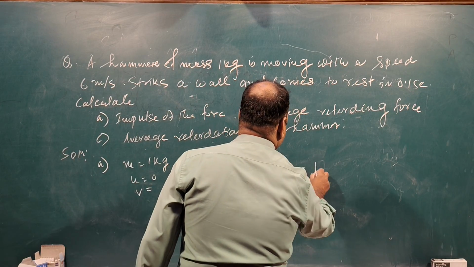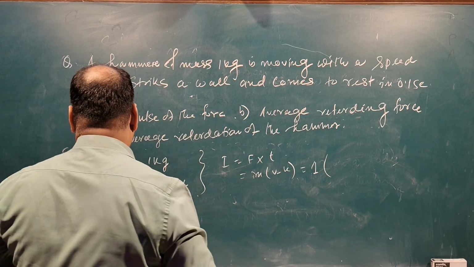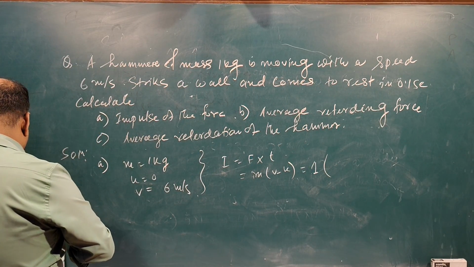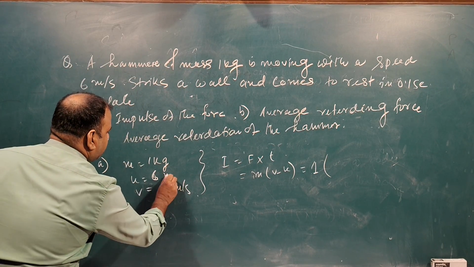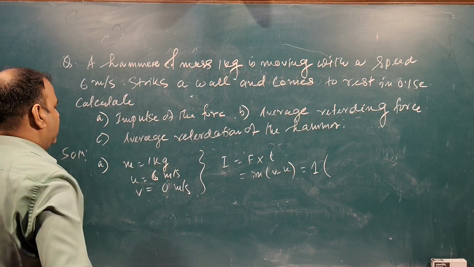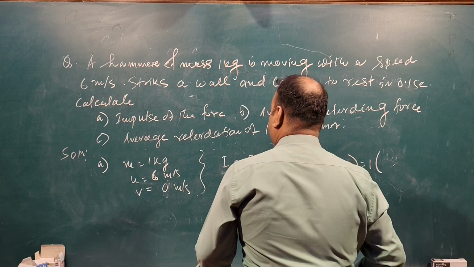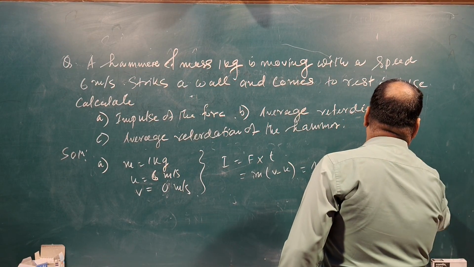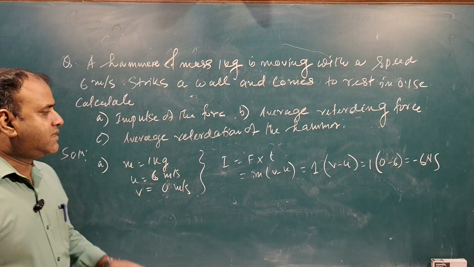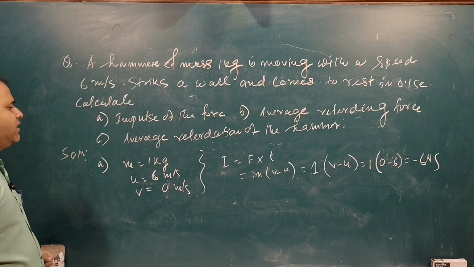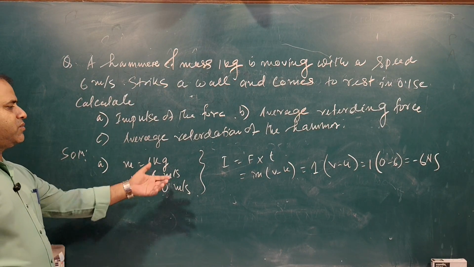Here m is 1 kg, so we can write v minus u, that means 1 times (0 minus 6), so it will be minus 6. So minus 6 Newton second is the impulse of the force, that means the impulsive force. Everyone, write this down.